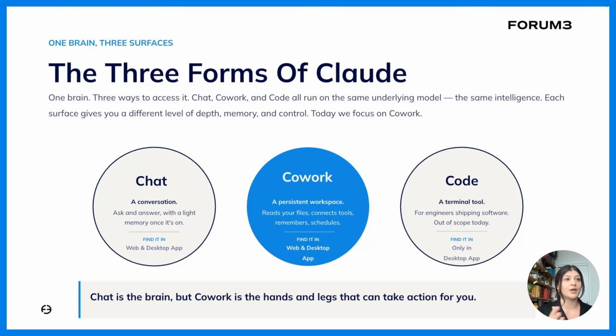All three, chat, Cowork, and code, have the brain, but Cowork is where you will actually grow arms and legs, and Cowork can take action on your behalf. That's the big difference between chat and Cowork. And then third, code was built specifically for engineers, and we won't be going into it too deeply on today's demo.